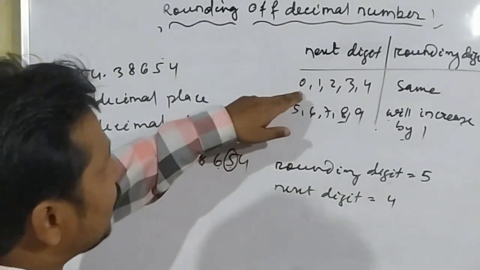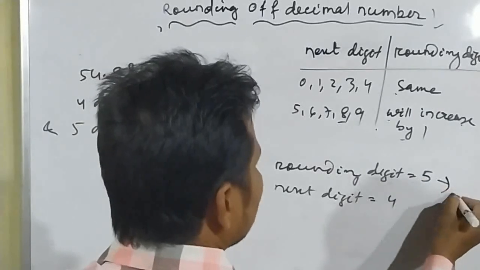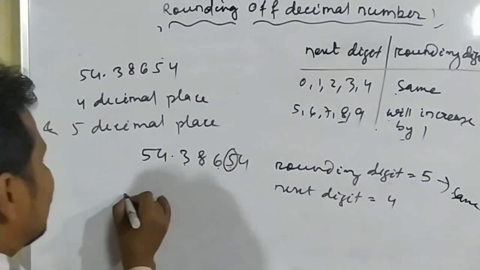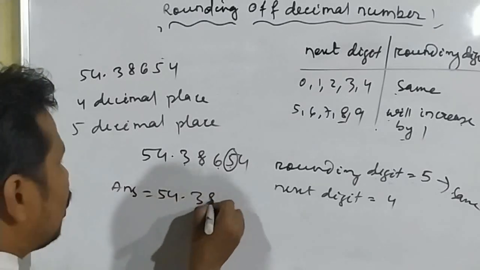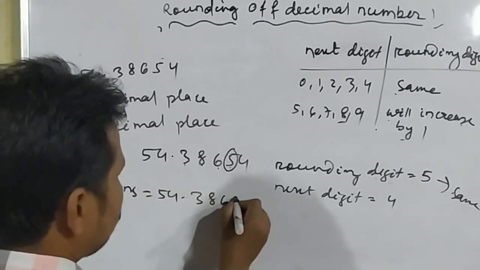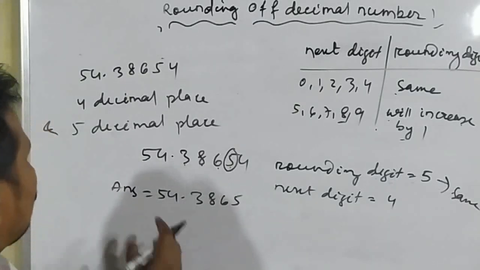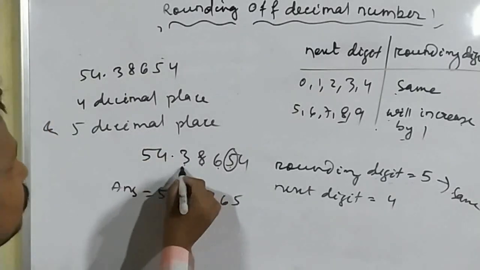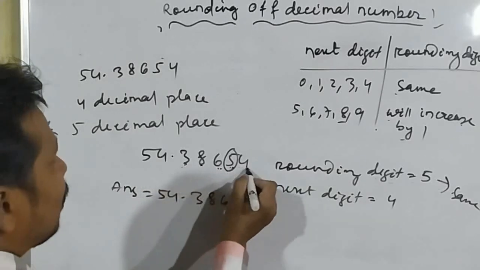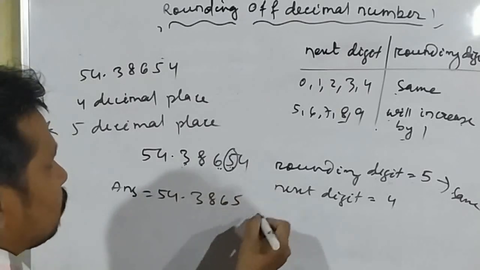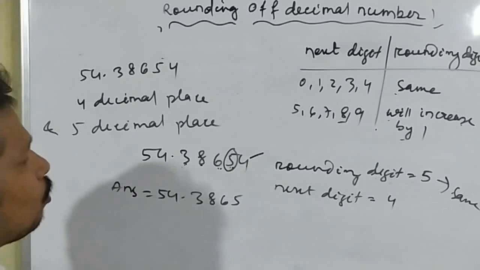If the next digit is 4, then the rounding digit will be the same. So our answer is 54.3865. Yes or no? Now if we round off to the fifth decimal place: first, second, third, fourth and fifth. The fifth decimal place is 4. After this digit there is no number.